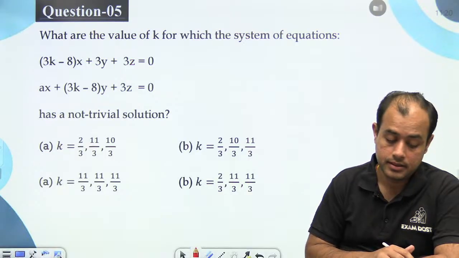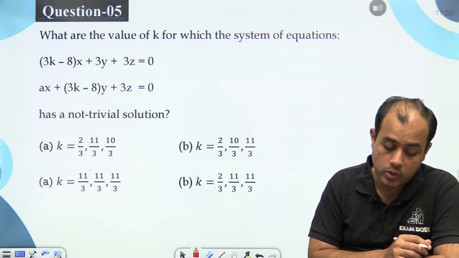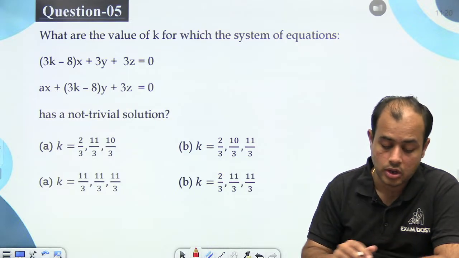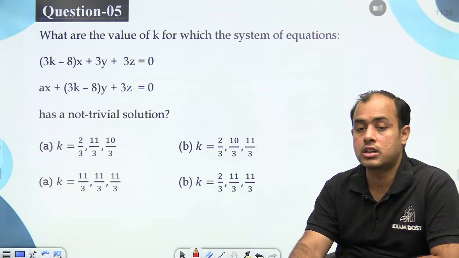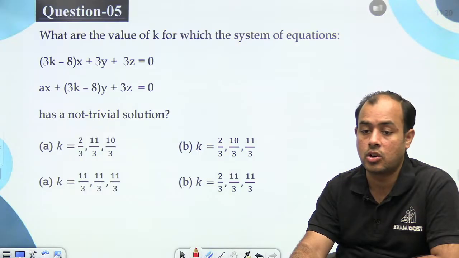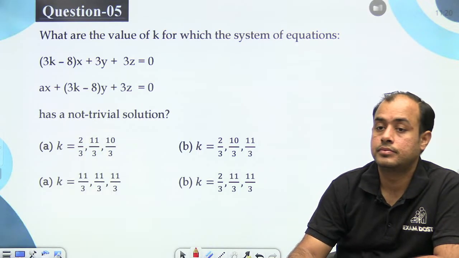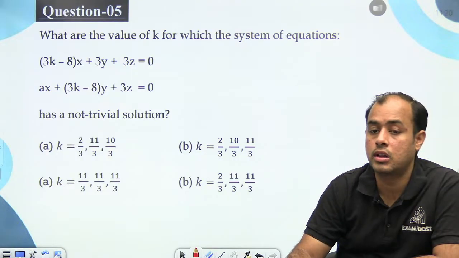ओके, चलिए. The value of K for which the system of equations has a non-trivial solution. For what value of K will you get a non-trivial solution? Non-trivial means where the solution is not all zeros.